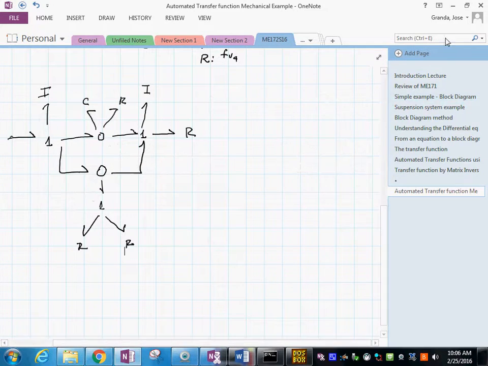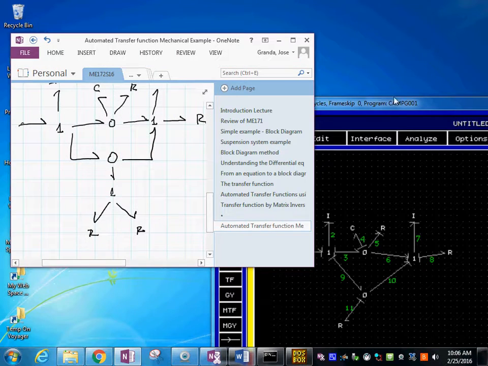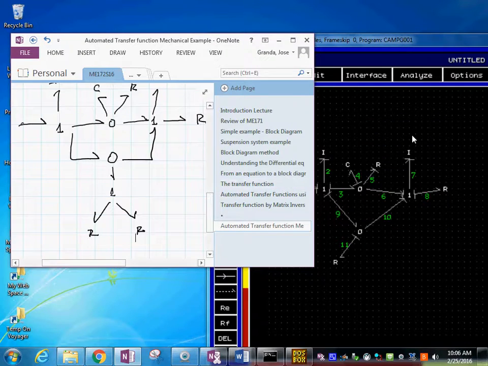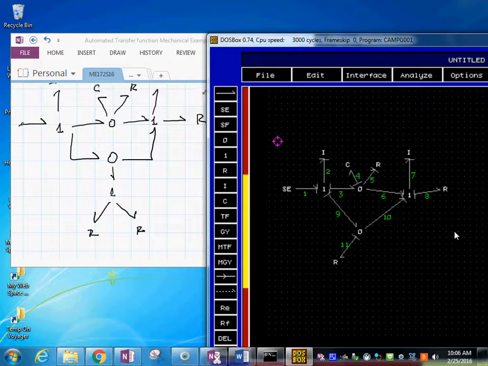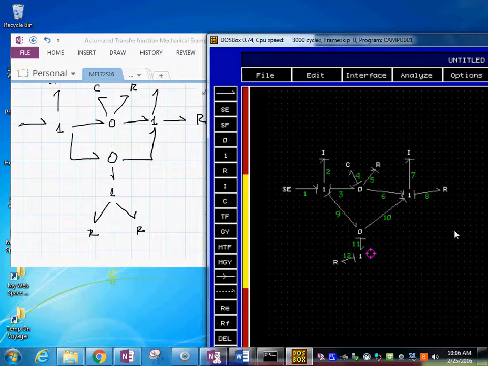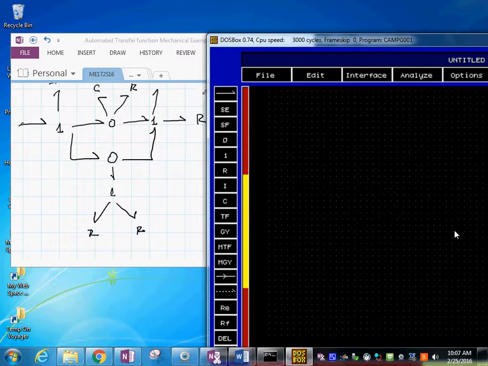What is the transfer function that I am looking for? You have to recognize on the bond graph the velocity that I want is F2, and the force is E1. So the input is E1 and the output is F2. Let's write that down because that is going to be important for the computer program to give me the answer.